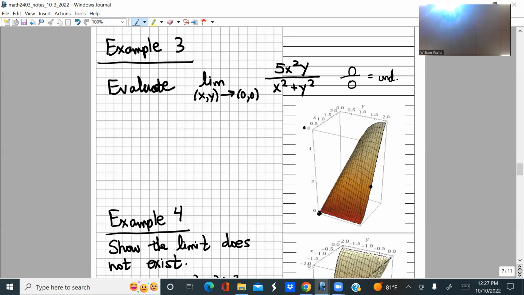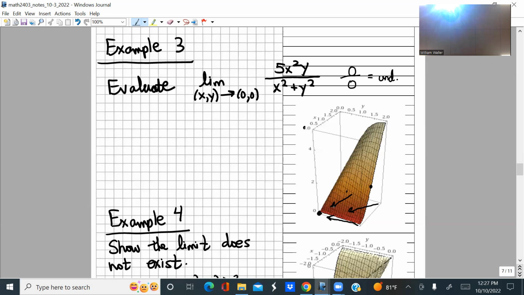So as you're approaching 0, 0 from different directions in the xy plane, it's hard to picture that, okay?